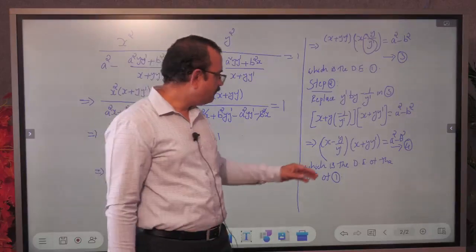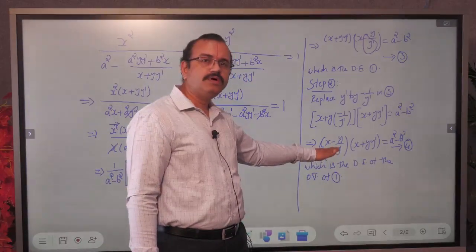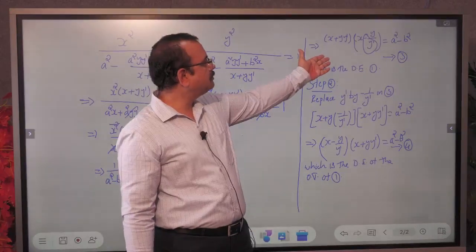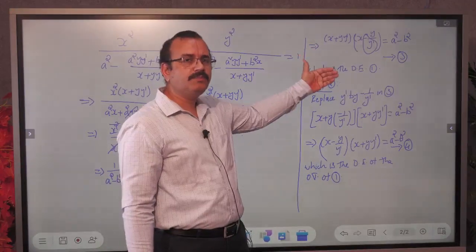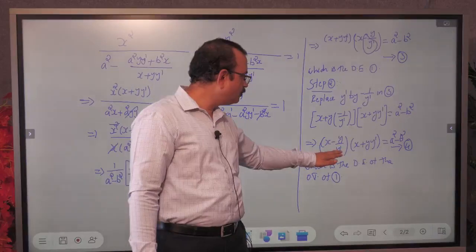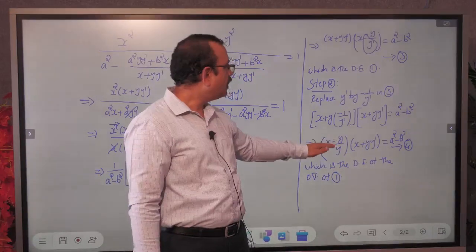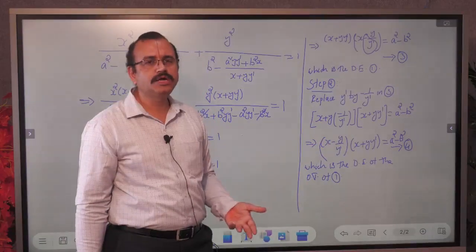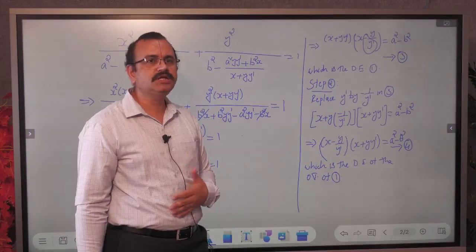Why? Because if we solve this equation 4, once again we will get the given family only, because this equation 3 is nothing but obtained from the given family only. So therefore no need to solve this differential equation, as equations 3 and 4 are same. So now we can conclude that the given family is self orthogonal.